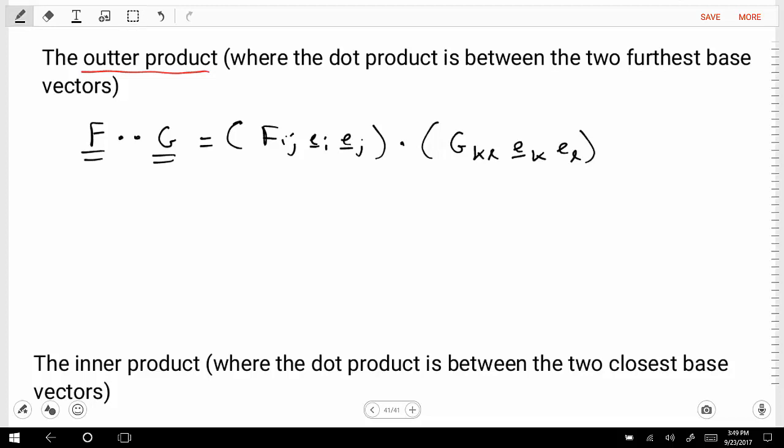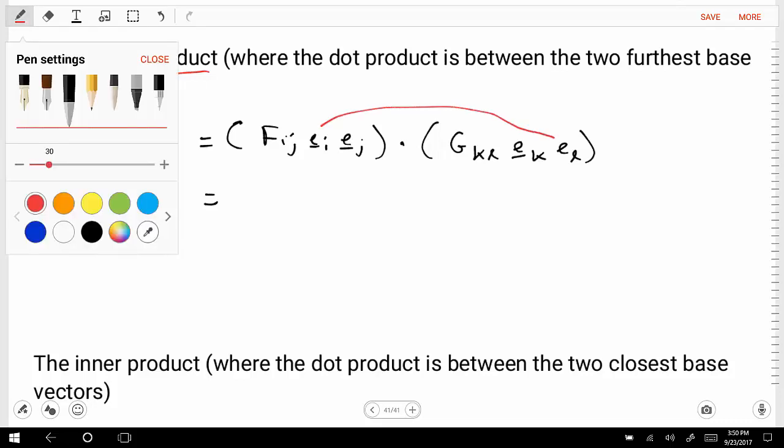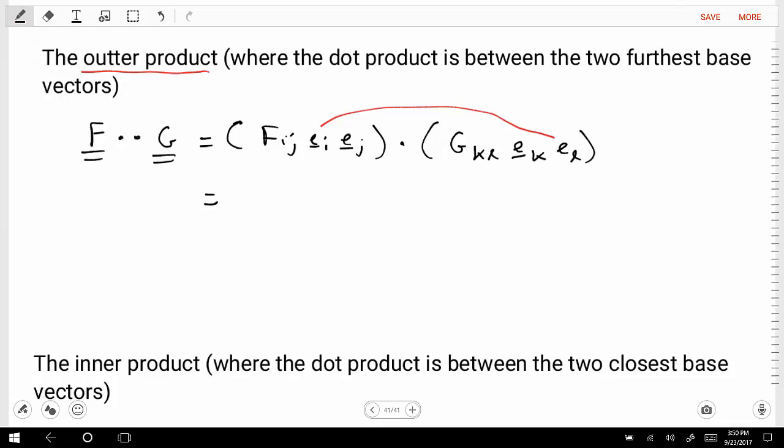Okay. Now let's do this outer product. So we're going to take the outer terms and do the operation. What are our outer terms here? Our outer terms are i and l, right? So let's pull out the scalar components F_ij and G_kl, and perform these operations: base vector i dot product base vector l, and base vector j dot product base vector k.